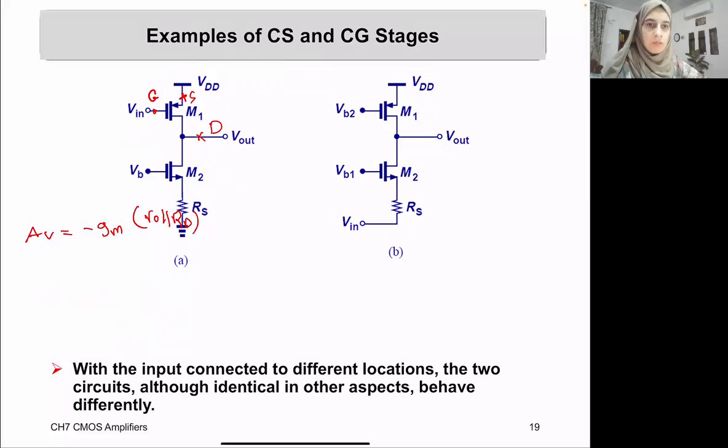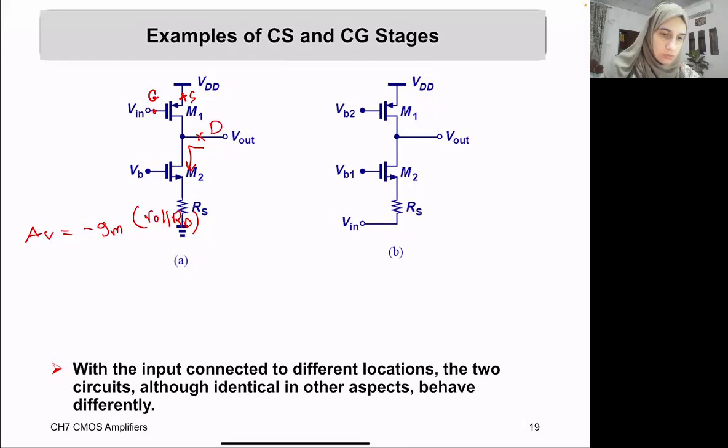Now, what is my RD here? RD is all the resistance that I am seeing down at the drain of M2. It's not just an R out. We have to be careful because the source is not connected to ground.